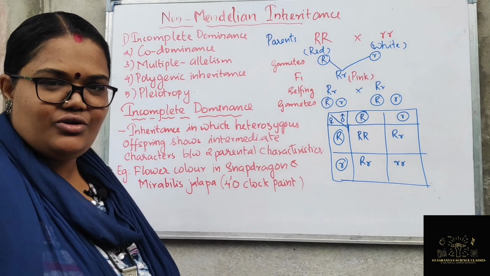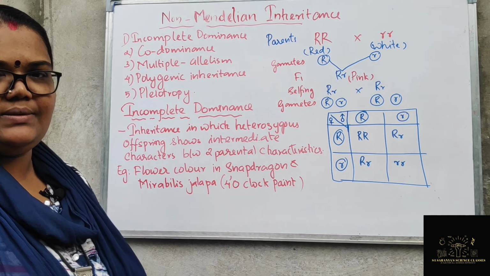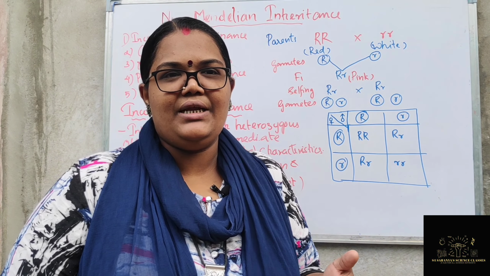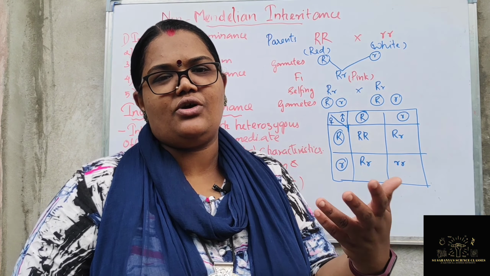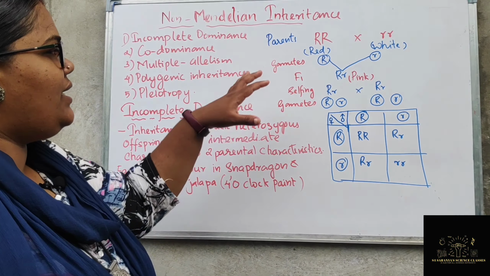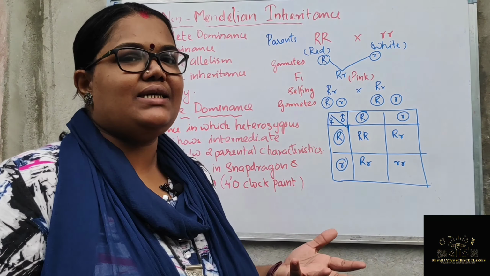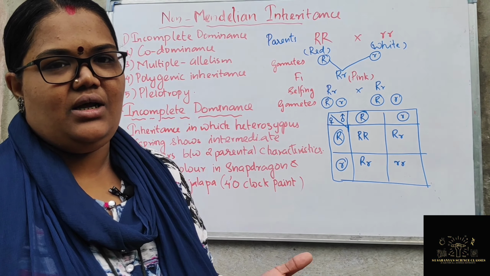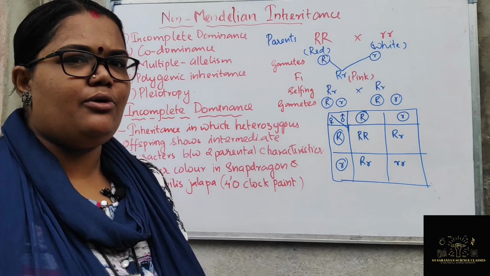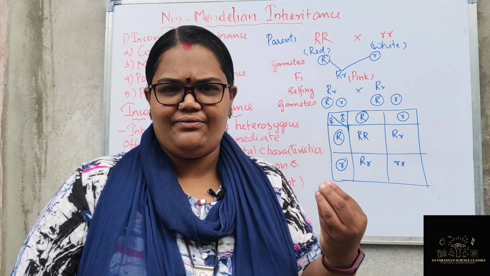First, today we are going to discuss incomplete dominance. What do we mean by that? Incomplete dominance means the expression is not complete. Here we take plants like Snapdragon or Mirabilis jalapa, the 4 o'clock plant. Maybe you have seen the flower at home.